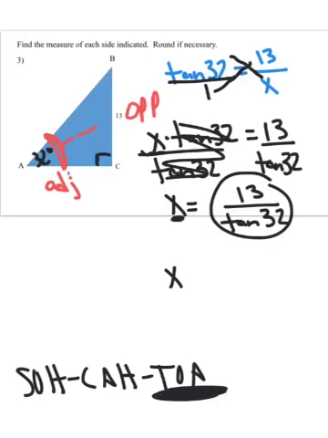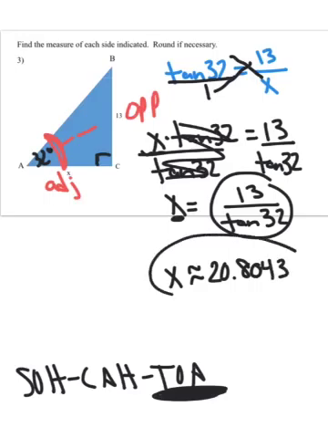So we'll go to our calculator, we'll pull everything up here, so we'll have 13 divided by tangent 32, and in the calculator that's going to say that's approximately 20.8043. So that's how long the side of x is, approximately 20.